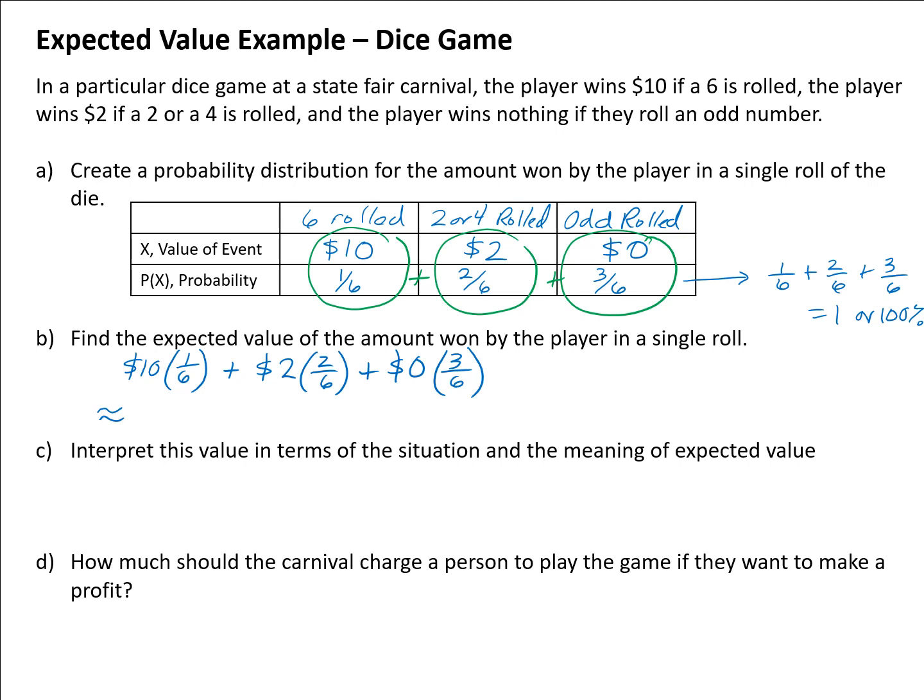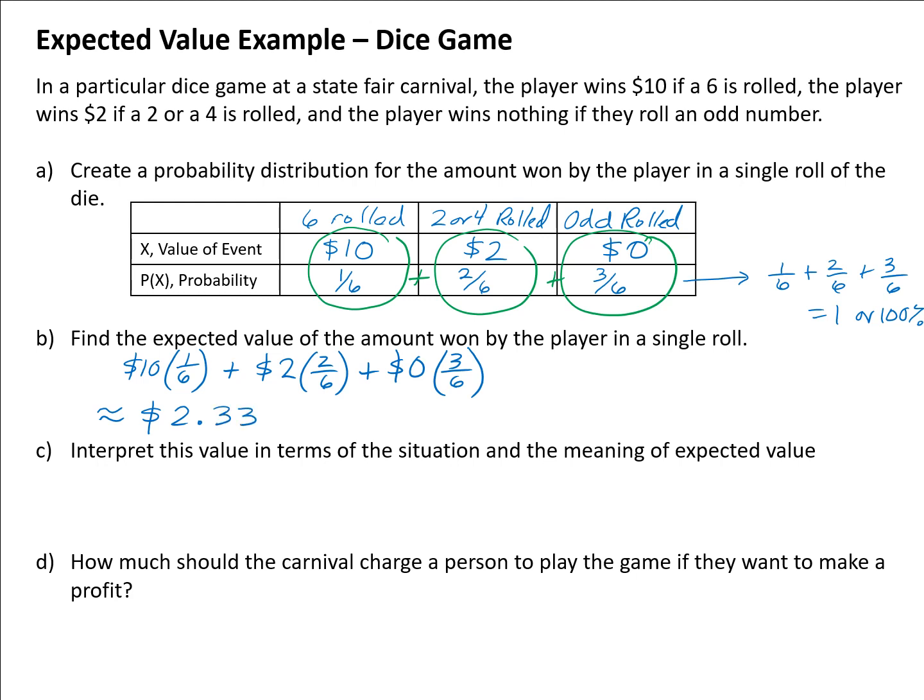10 times 1 divided by 6 plus 2 times 2 divided by 6 plus 0 times 3 divided by 6. Hit enter, and what you should get is 2.33333 going across the screen. Because this is an amount of money, we're going to round to the nearest cent, so $2.33.